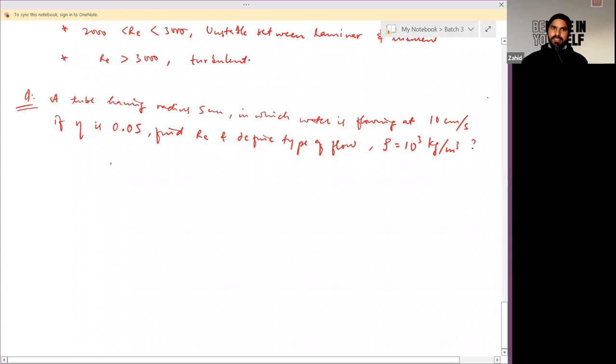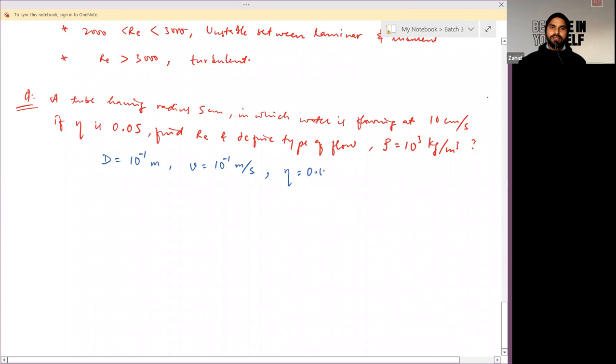We have radius as 5 centimeter, so diameter will be twice of it, so it will be 10 centimeter. If you convert it into meter, it will be 10 to the power minus 1. Velocity is 10 centimeter per second, so just convert it into meter. So it will be 10 to the power minus 1 meter per second.